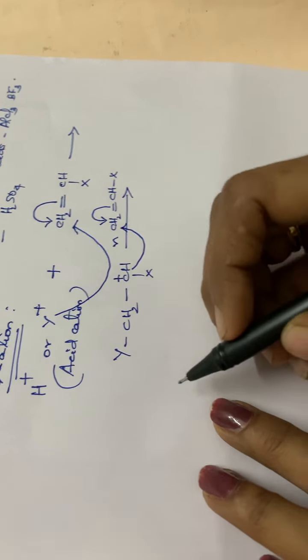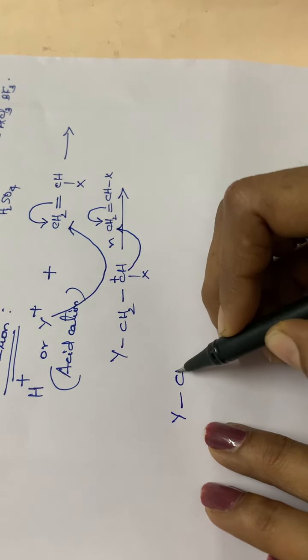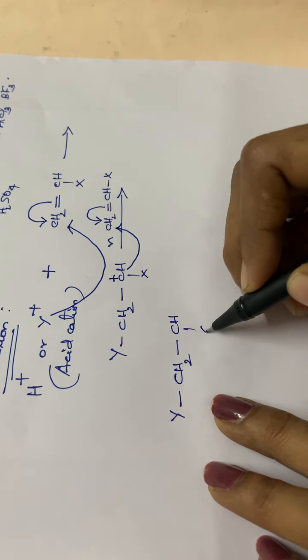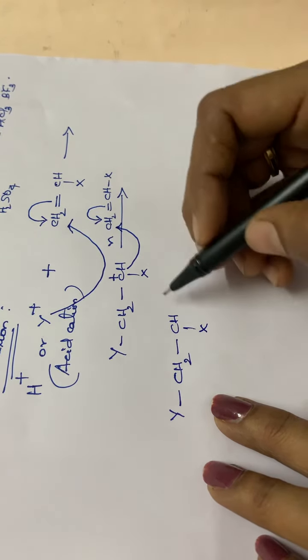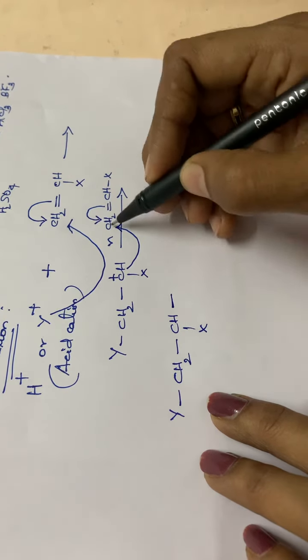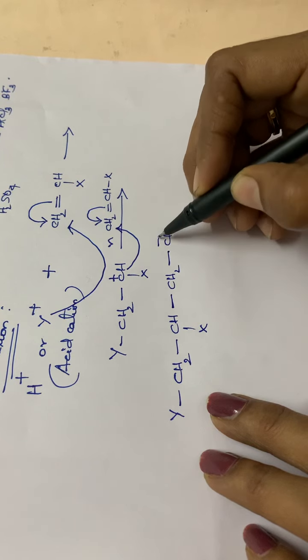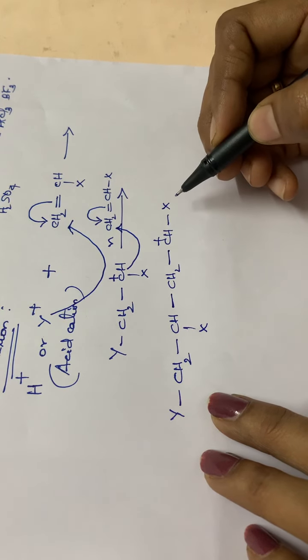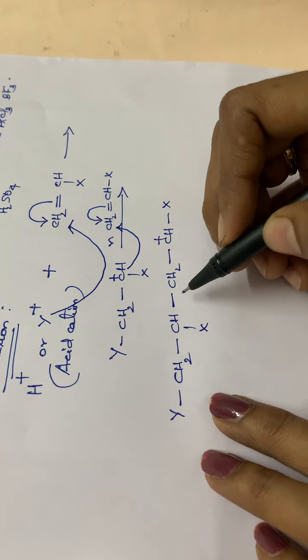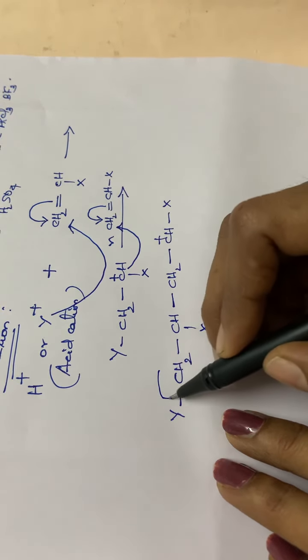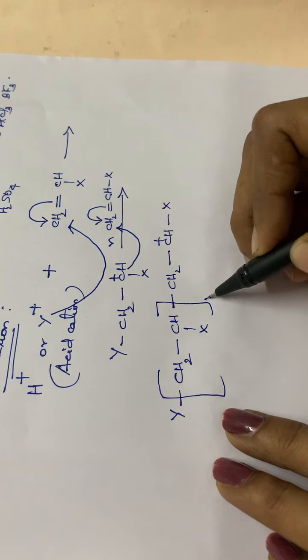So the product will be Y CH2 CHX, then again CH2, single bond CH2, single bond CH plus X. Here CH2 CHX will be the repeating species, so we can write it as n times.